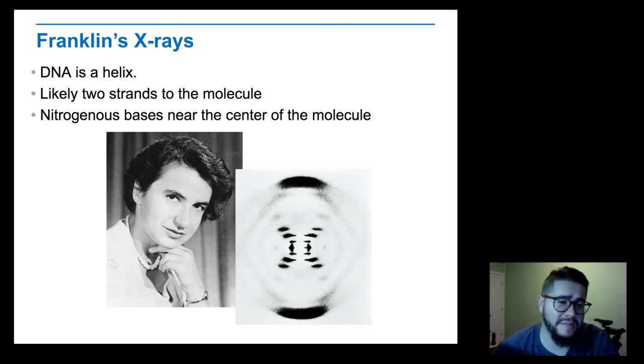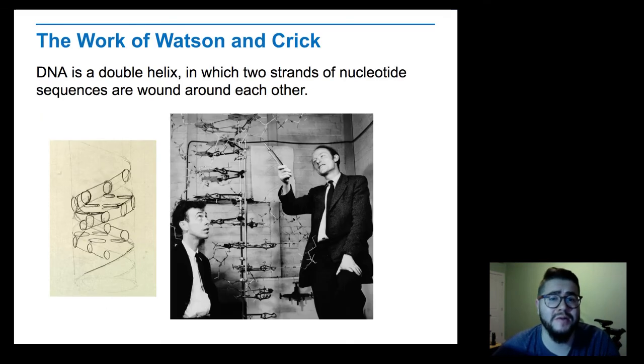I bring Rosalind Franklin up because oftentimes she's not credited as much as the next two people we'll talk about, Watson and Crick. But without her work and her picture, Photo 51 here, that was basically taken without her knowledge, Watson and Crick would not have been able to put everything together here. Watson and Crick are the scientists who end up getting most of the fame for their work.